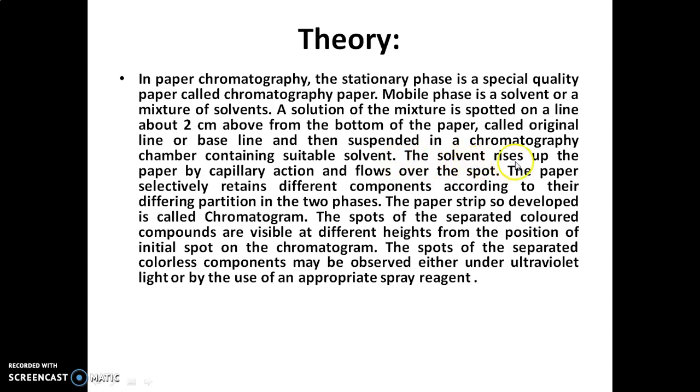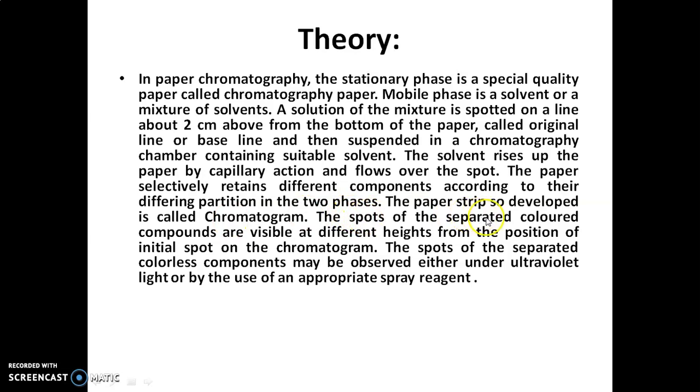The solvent rises up the paper by capillary action and flows over the spot. The paper selectively retains different components according to their differing partition in the two phases. The paper strip so developed is called a chromatogram.